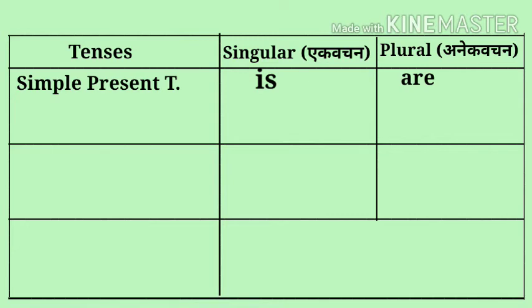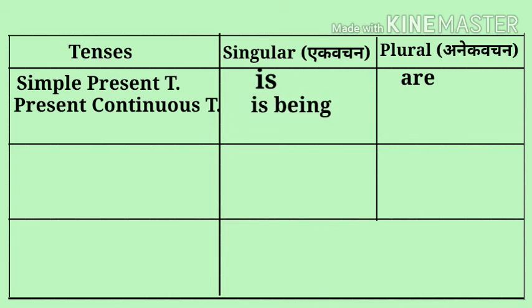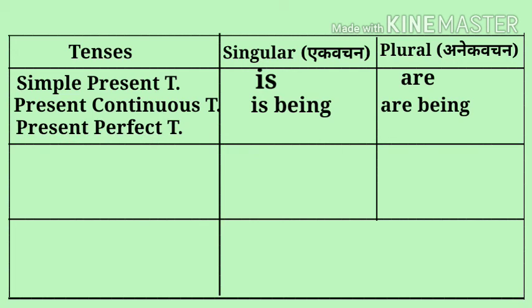Now see the second tense, present continuous tense. If the object is singular, you have to use is being, and if the object is plural, you have to use are being. In present perfect tense, if the object is singular, you have to use has been, and if it is plural, you have to use have been. Okay, this is your present tense.